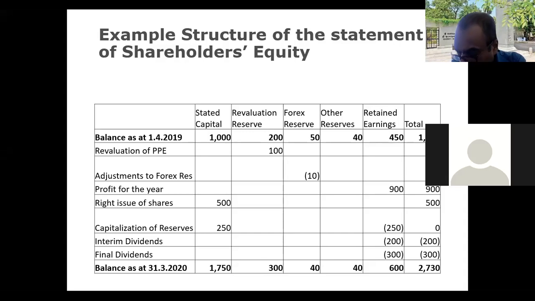Scrip dividend, in the sense they are capitalizing shares to the existing shareholders, sir. Okay, true. So is that the same thing then? Like a scrip dividend, the capitalization of reserves and bonus shares.